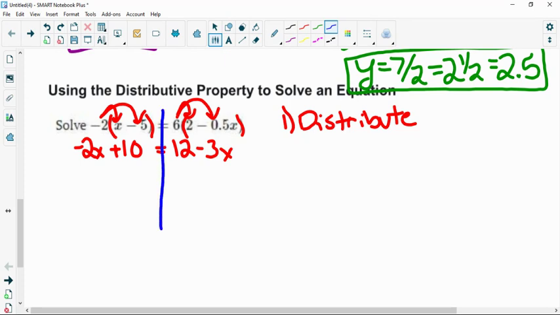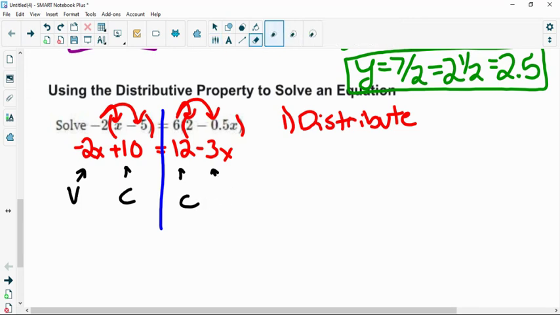If we break this up, notice on the left I have a variable and a constant. On the right I have a constant and a variable. So we need to begin moving it so that all the variables are on one side, all the constants are on the other. There are about 4 different ways I personally would go about solving this.